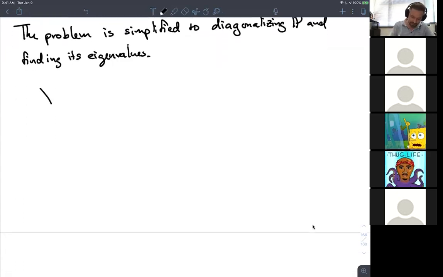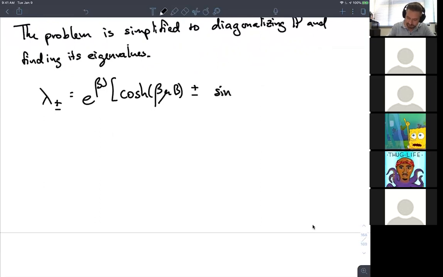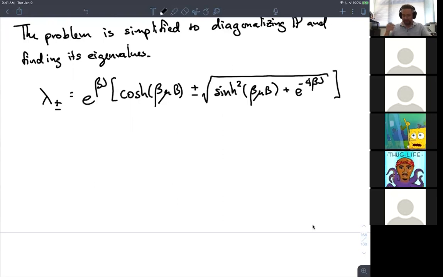Okay, so the eigenvalues of P are the following. e to the beta J cosh beta mu B, plus or minus the square root of sinh squared beta mu B plus e to the minus 4 beta J. Okay, so P is 2 by 2, so you should get 2 eigenvalues.